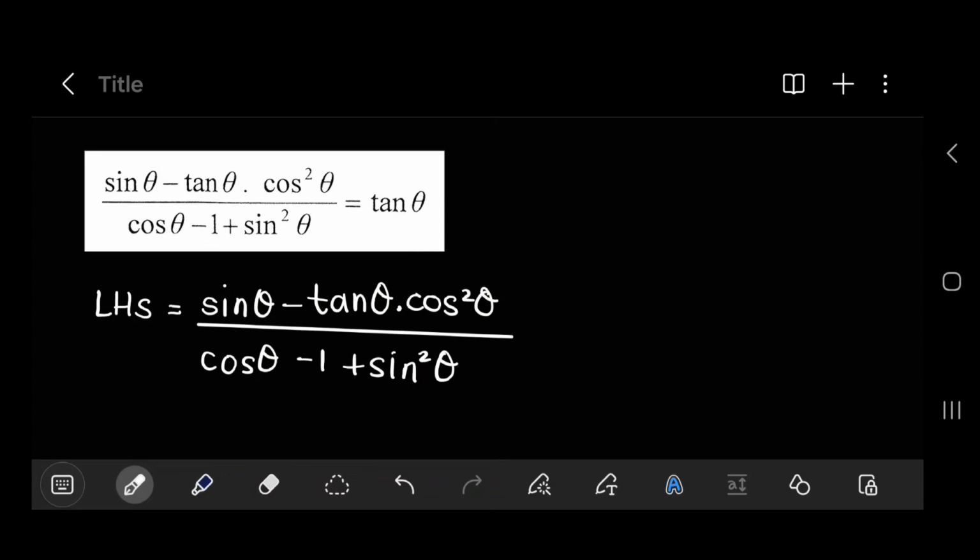We notice that in our numerator we've got tan theta, and we know that tan theta can be replaced with sine theta over cos theta. So let's go ahead and do that.